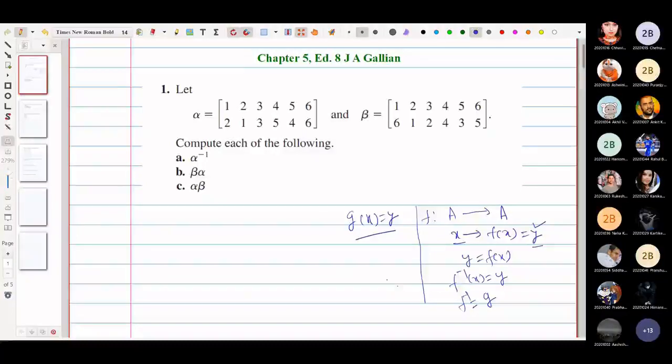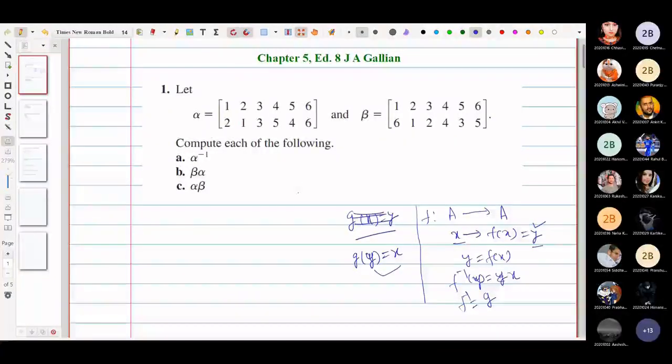I think I wrote something wrong. I should write here f(x) and here x. So g of y equals x. We have changed the role of x and y.